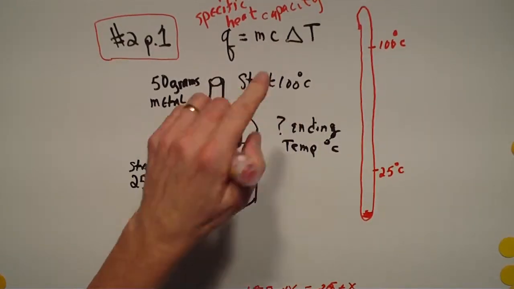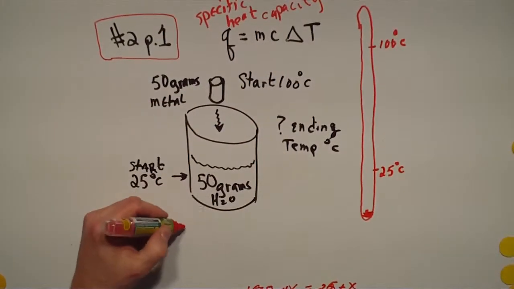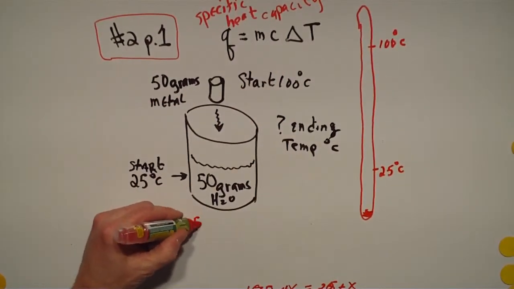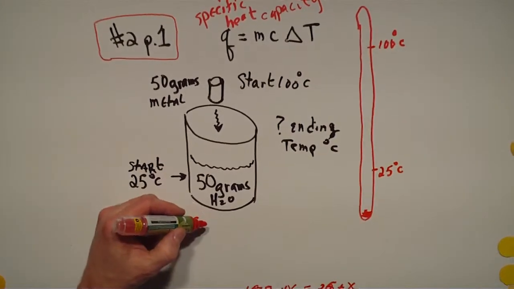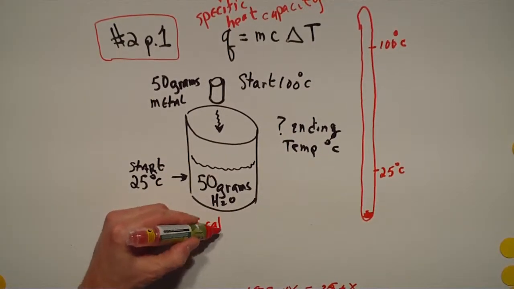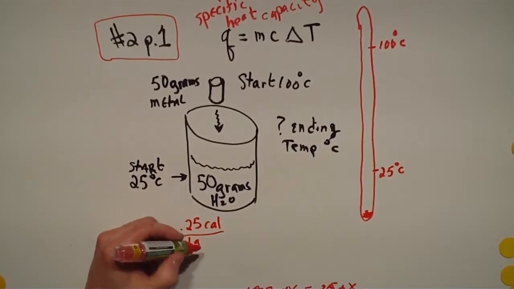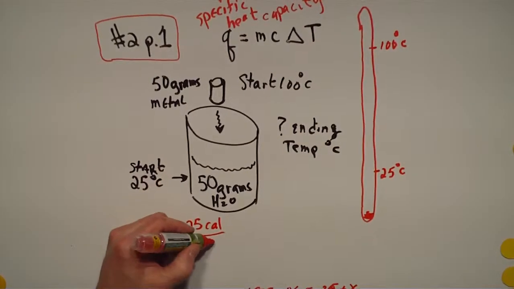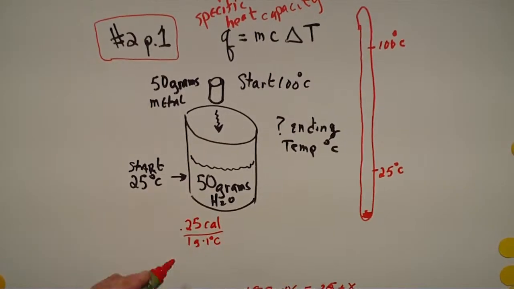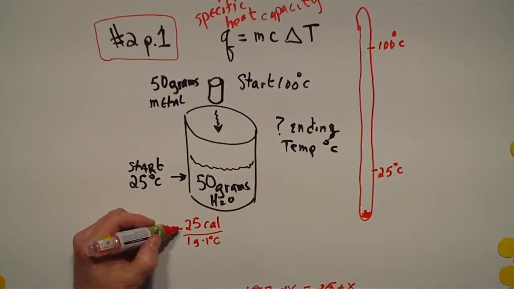The C for the metal is 0.25, and the units are calories per 1 gram of metal per 1 degree Celsius.